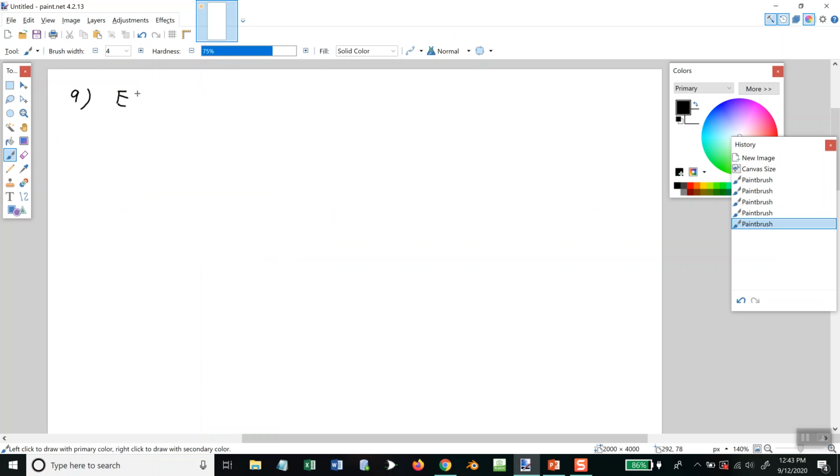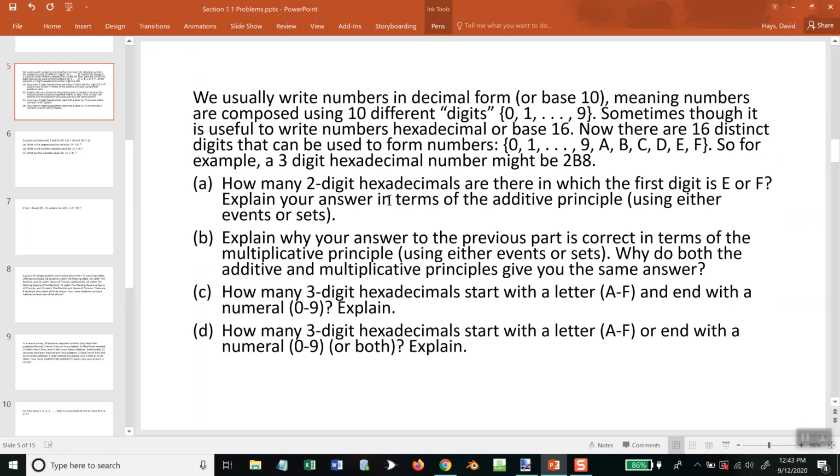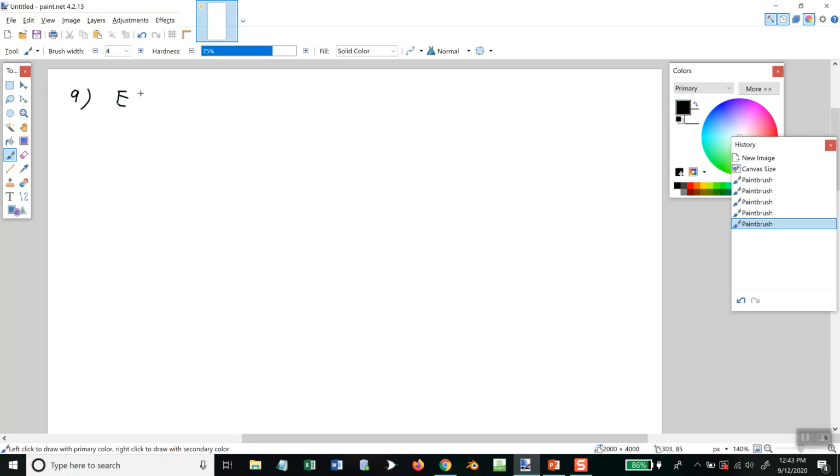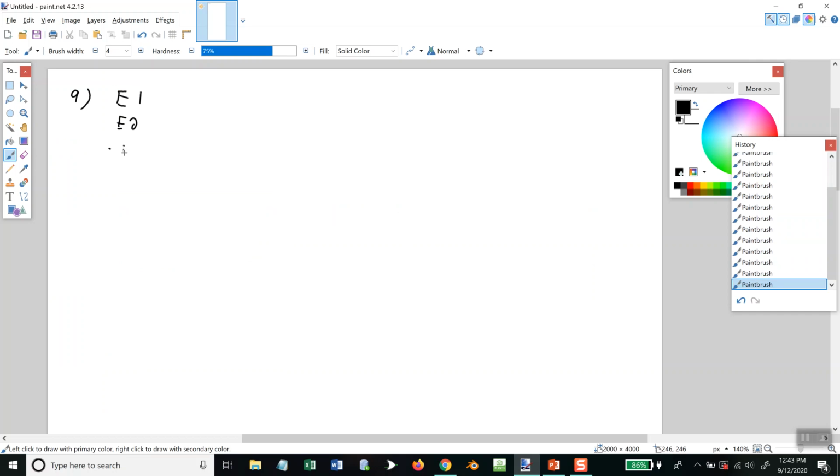So they're saying 2-digit hexadecimals, which means I can have E1, E2, all the way up to E9. There's also, one I forgot, E0. Okay, and then I can have EA, EB, EC, ED, EF.